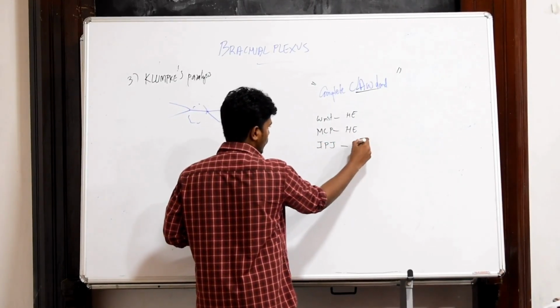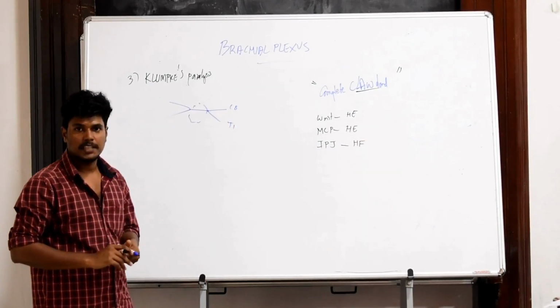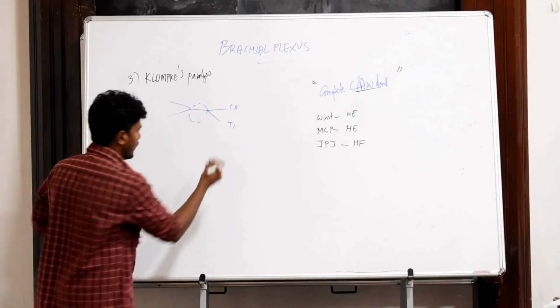This is the clinical feature in Klumpke's paralysis, as there is damage to the lower trunk and to T1.